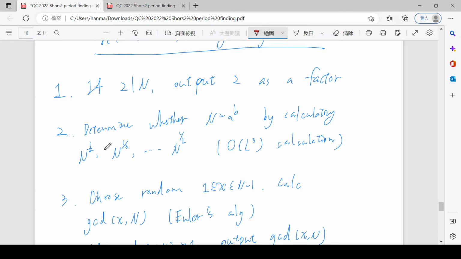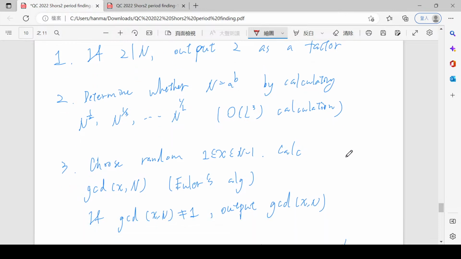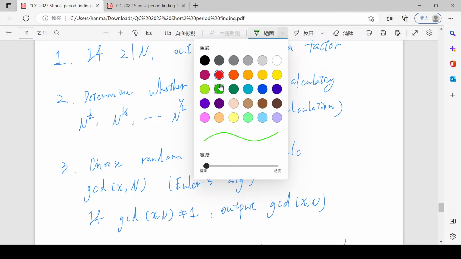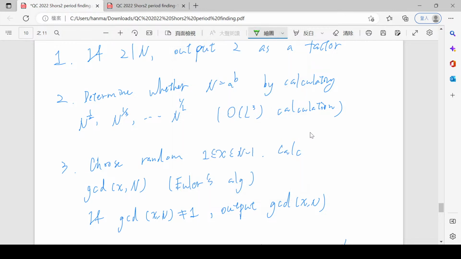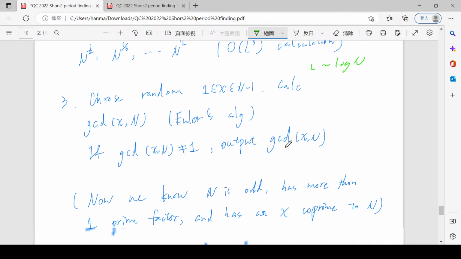That can be done by just taking the square root and the cubic root, etc. of n, and if you work out the details, this also only takes order L cubed calculation, where L is about log n.